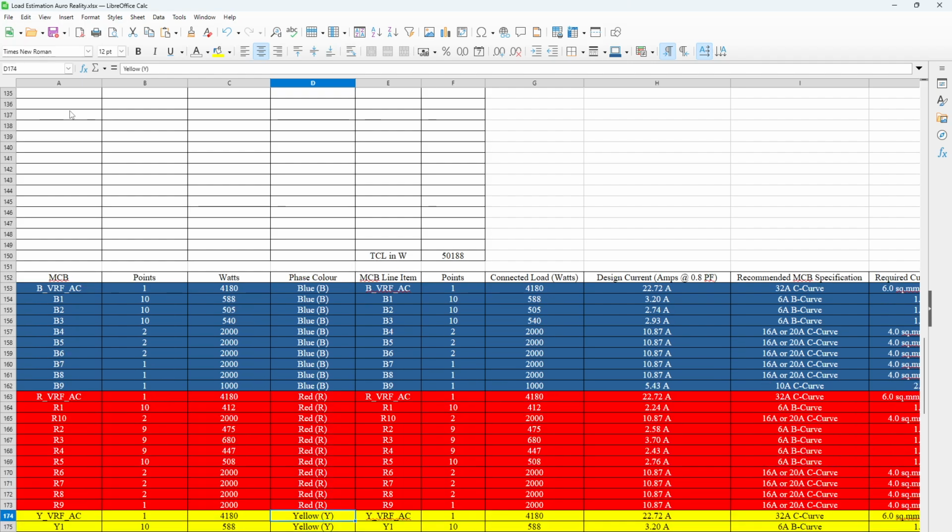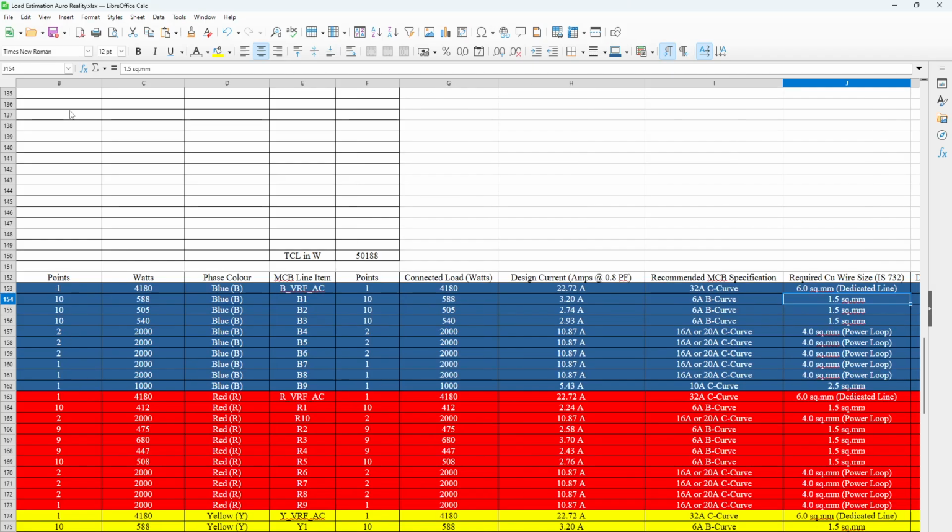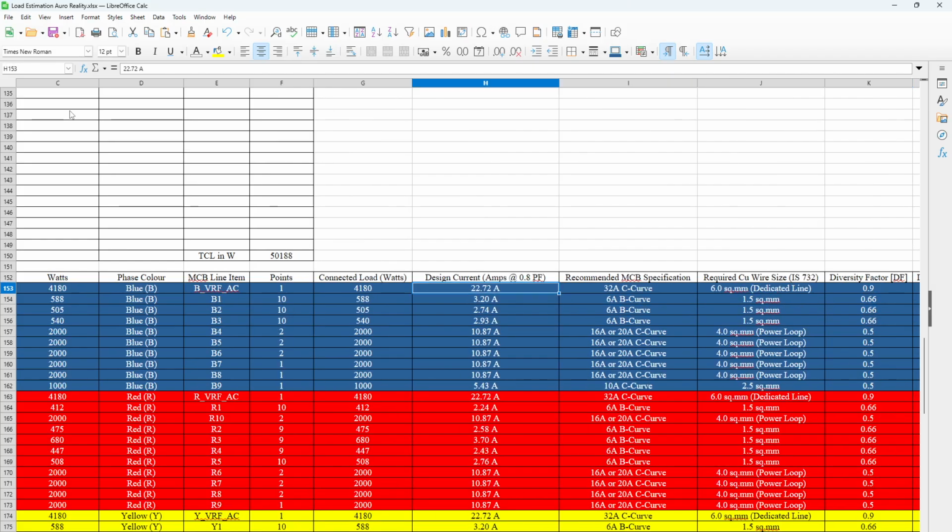Then we separate it phase wise and we see if it is complying with our codes of India. 1 point, 10 points, 10 points, 2 points, what is the wattage, which phase is it coming, connected load, what is the amperage that it might draw under normal operation conditions at full load.